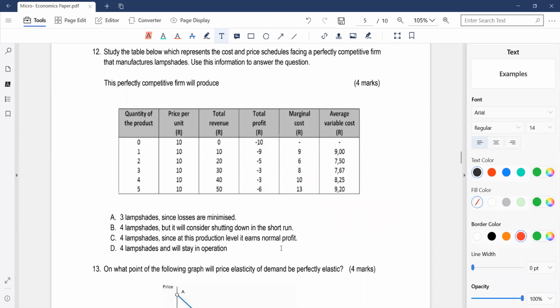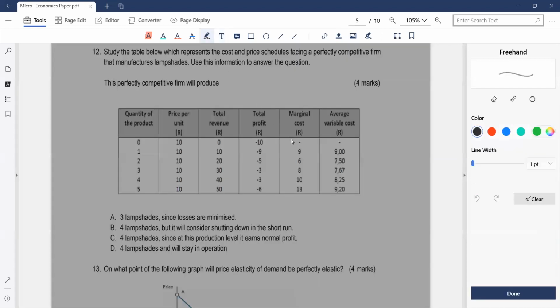Okay. Number 12 says, study the table below, which represents the cost and price schedules facing the perfectly competitive firm that manufactures lampshades. It's a firm in perfect competition. Then it's saying, using this information to answer the question, this perfectly competitive firm will produce always at the profit maximizing position, MR is equals to MC.